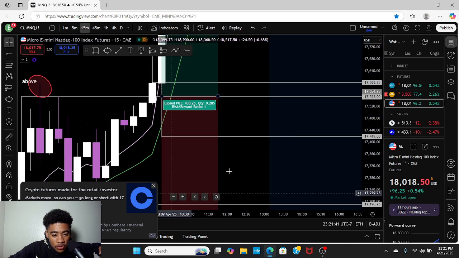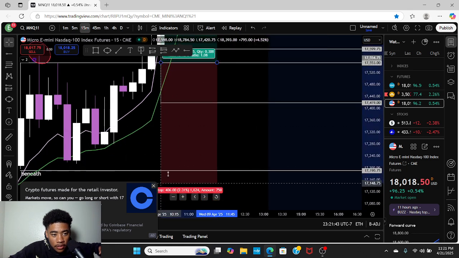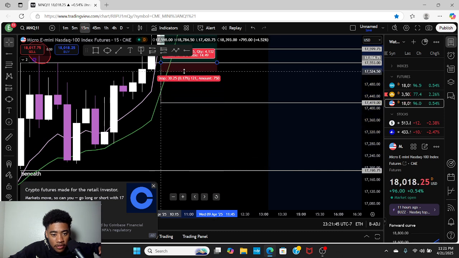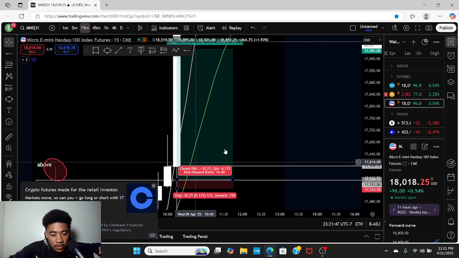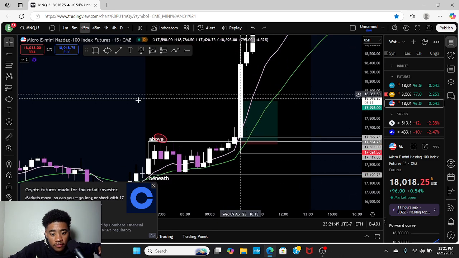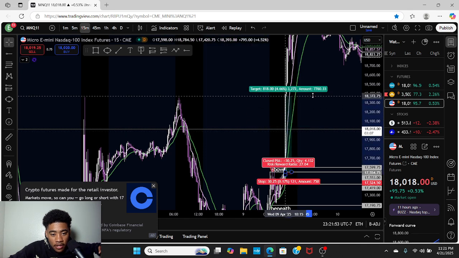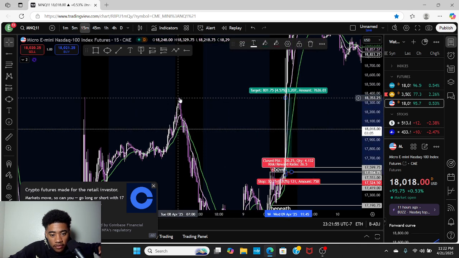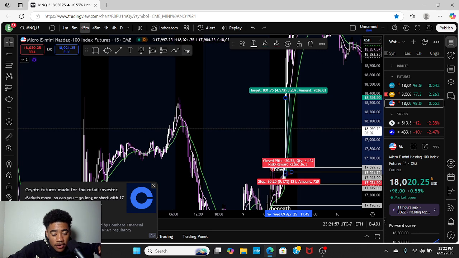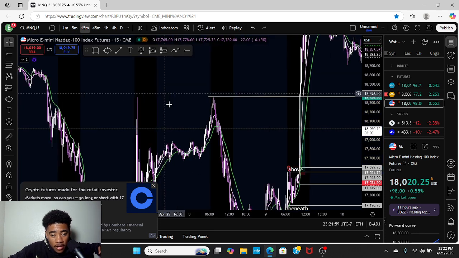Entry, and you can literally put your stop right under this level here, and you can ride this trade all the way, right? Me personally, I would have taken it here at these highs, right?